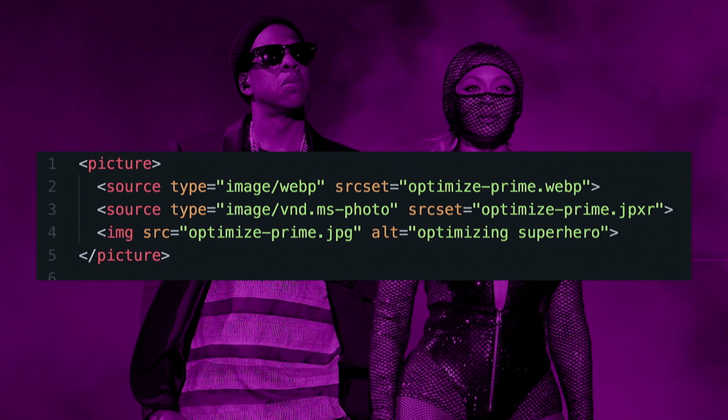If a browser like Chrome comes around, WebP is what's going to be served. If a browser like Edge HTML comes, they're going to get the JPEG XR, and if something else like Firefox comes around, they're going to get the JPEG because they don't support the other two.